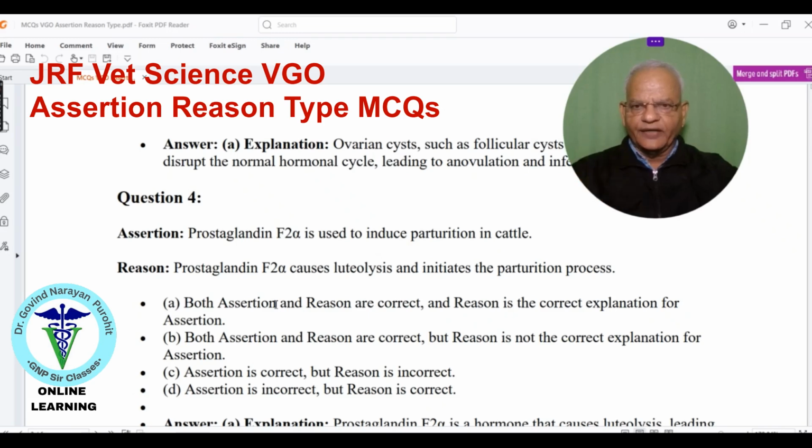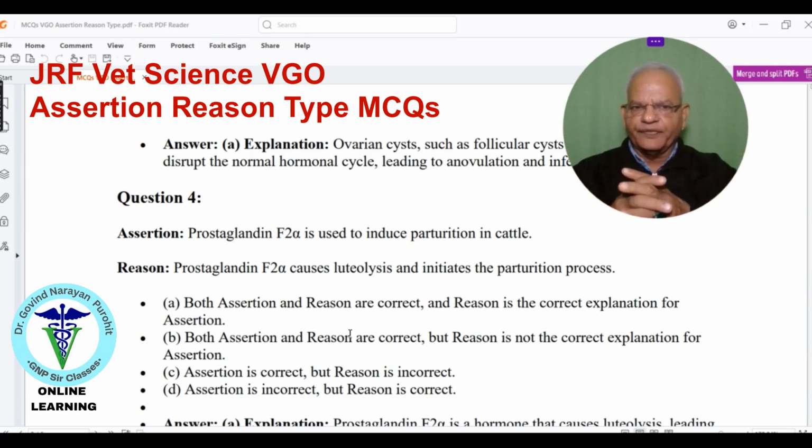Then the next question: prostaglandin F2 alpha is used to induce parturition in cattle. Reason is prostaglandin F2 alpha causes luteolysis and initiates the parturition process. So similar options. As you know, during normal parturition also, fetal cortisol increases, that converts progesterone into estrogen, and then estrogen causes luteolysis.